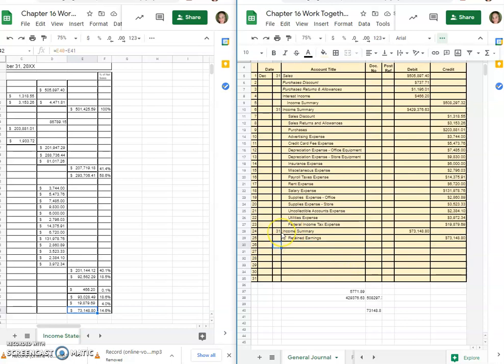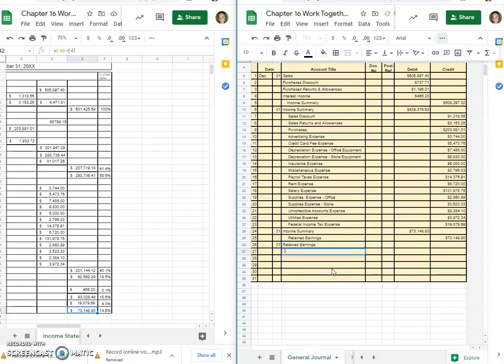In our third closing entry, we can delete these now. That was just to show you that debit versus credit for that account. On the 31st, the last closing entry, we are going to close out dividends to retained earnings.